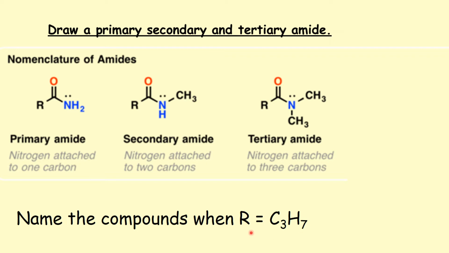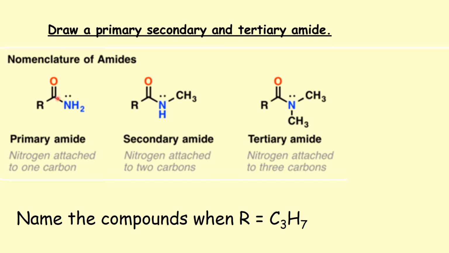So if we say the R in these structures is C3H7, so it's propyl. Okay, it's a propyl group, but please remember that there is a CO there as well that we have to take into account. So C3H7 on the R group plus the C from the CO makes it 4 carbon atoms, which makes it butanamide.